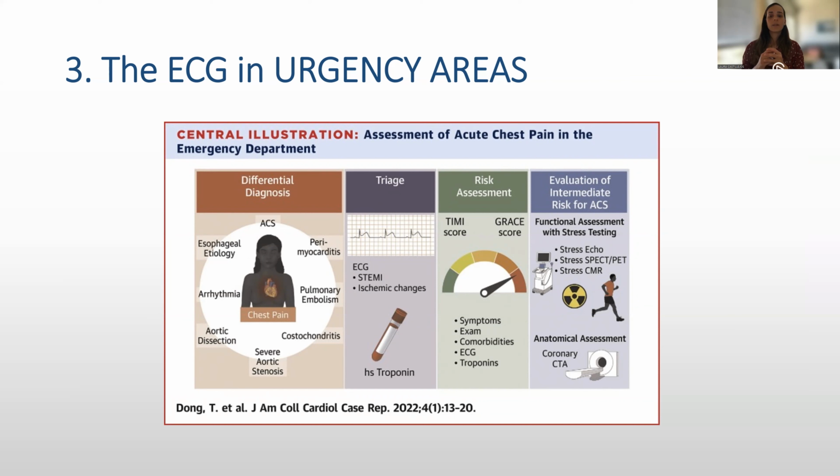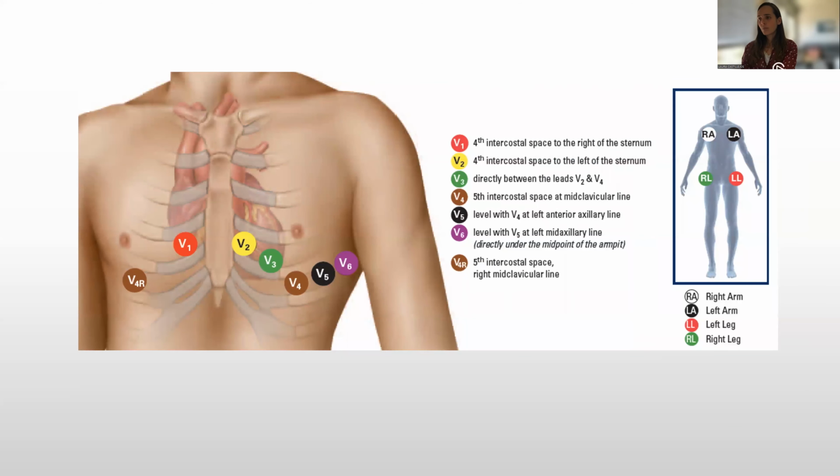So later, if the pathology is not clear, different complementary tests can be performed. Here, I just attach how we can do the electrocardiogram, because it can be very confusing. So I put here where it can be seen.